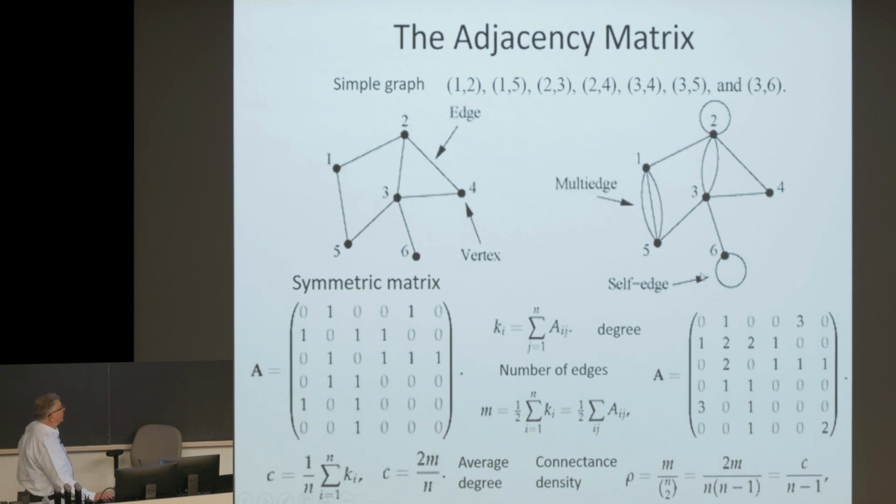And then, of course, you have to modify this adjacency matrix. You have to put, for example, for a self-link, factor 2, so a number 2 for a link connecting a node with itself, and put it on the diagonal. And sometimes you need to put, for example, 3 for a node which is multiple.